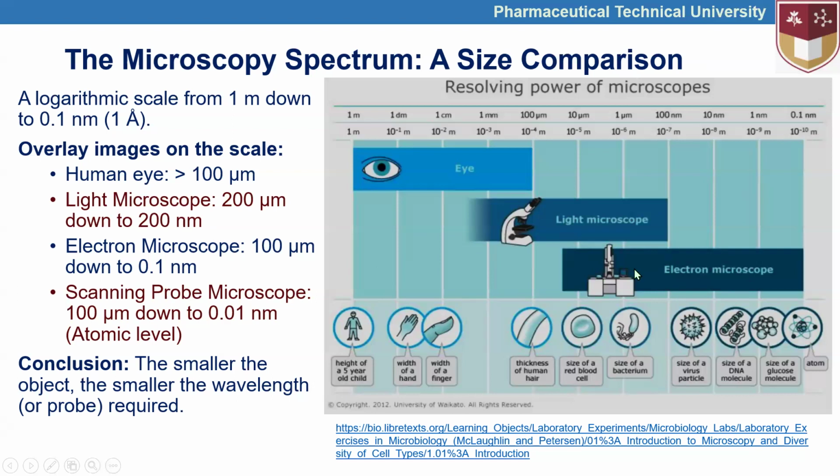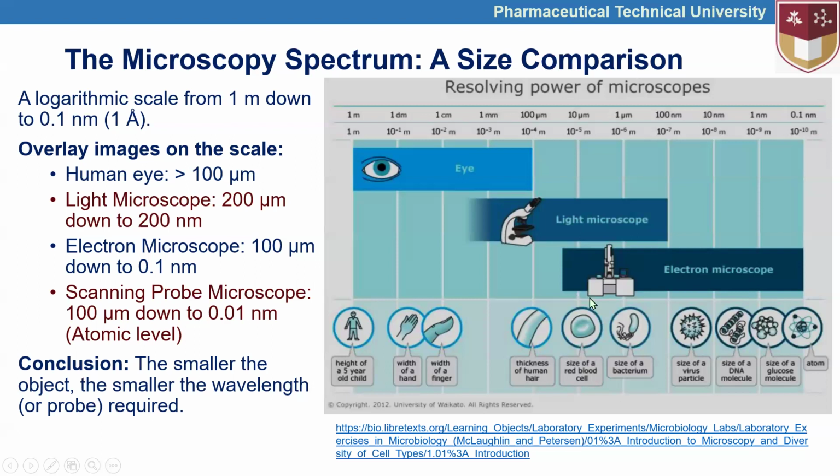And electron microscopes have higher capacities to turn those properties into the images that we can see. Electron microscopes can visualize objects ranging from 0.1 nanometers to 100 micrometers, as shown here.